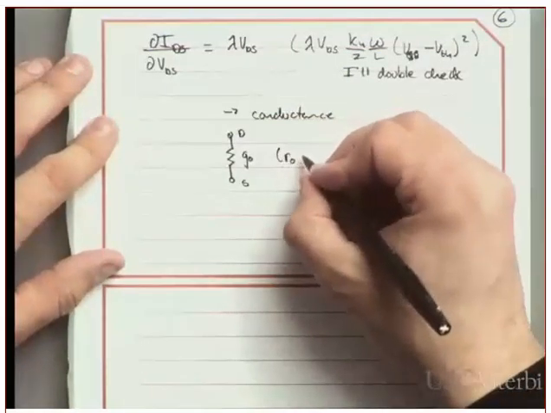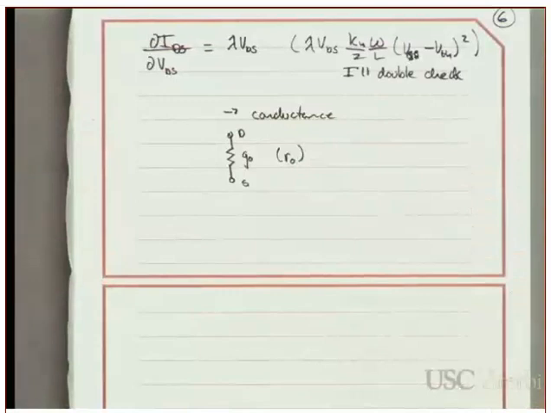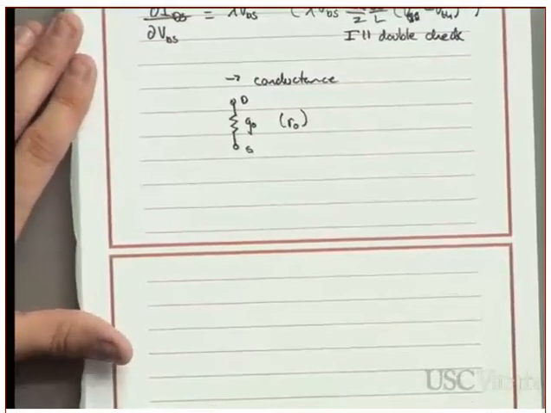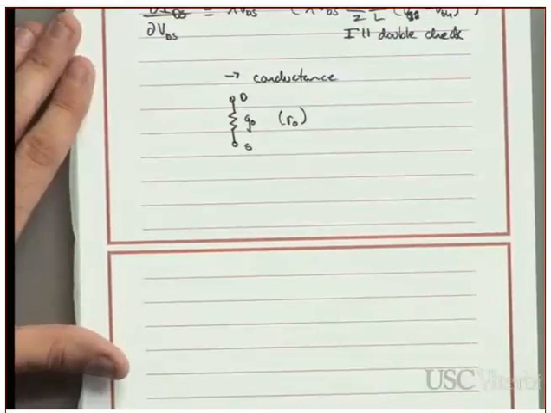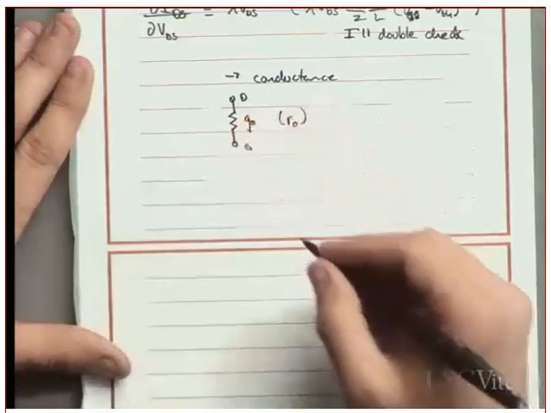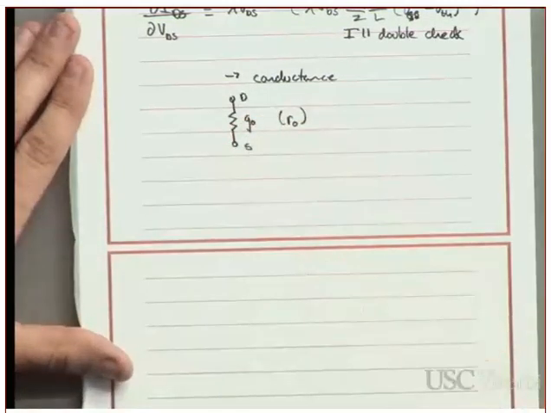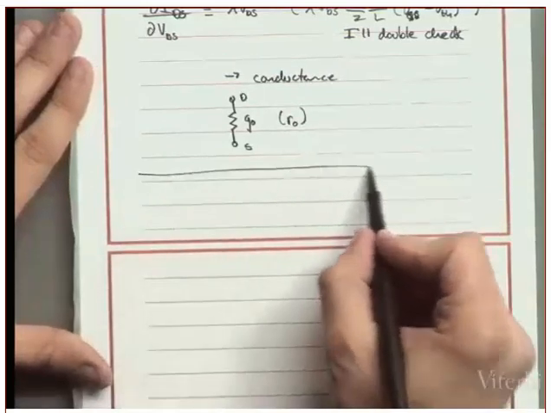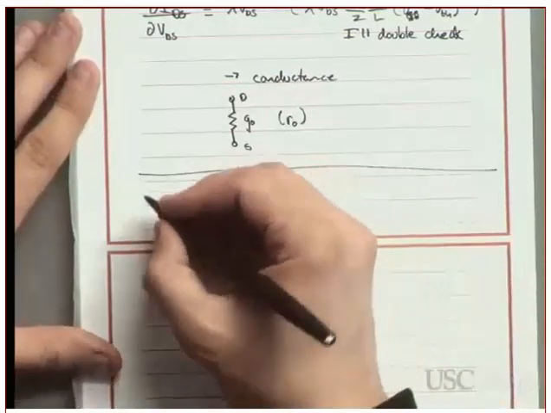You can also deal with the conductance as a resistance, which people most often do. Okay. So now let's go ahead and do a first cut of a frequency small signal analysis. So this is a circuit I'm going to look at.